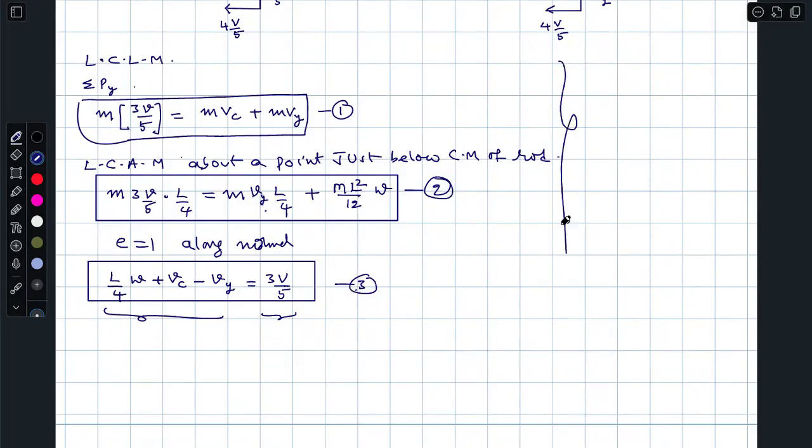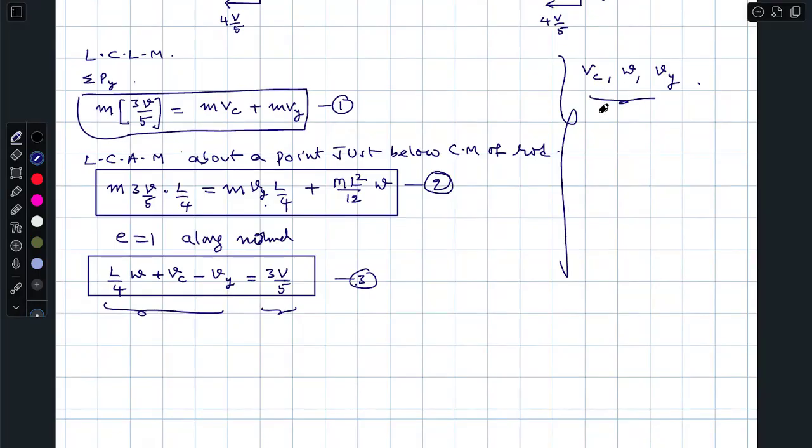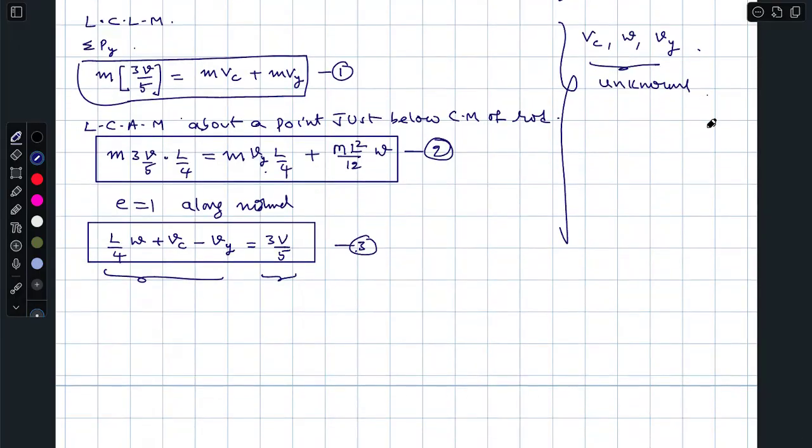What are the unknowns in this? Vc unknown, omega unknown, Vy unknown. These are unknowns, so you have 3 equations. Now, how to handle this?